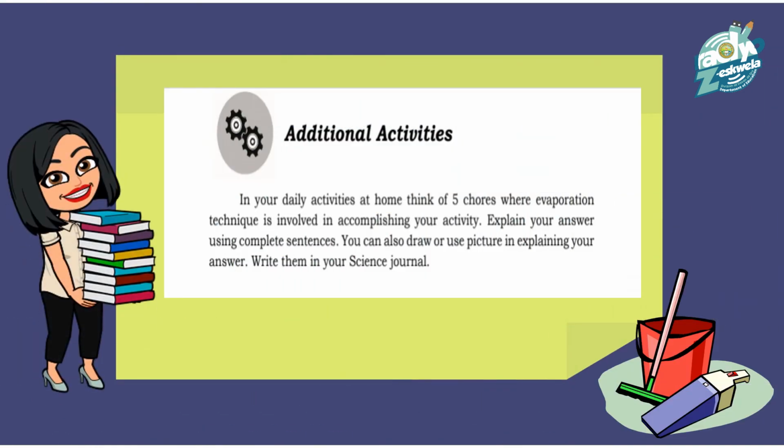For your additional activities this week, turn your module to page 8. Explain your answer. Write it in your science notebook or journal. You can submit your work to your teacher advisor. Just wait for their further instruction as to when they will collect your module and answer sheets.